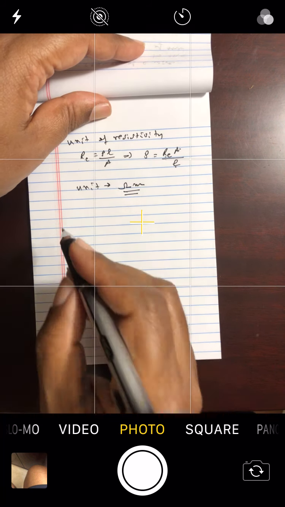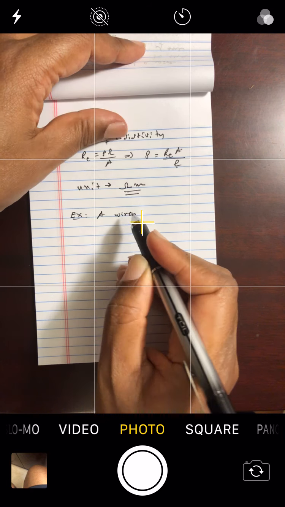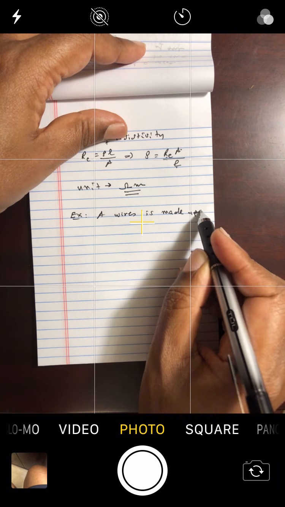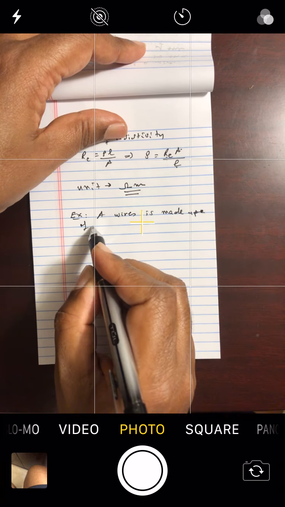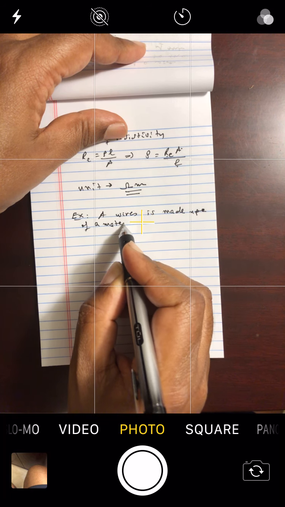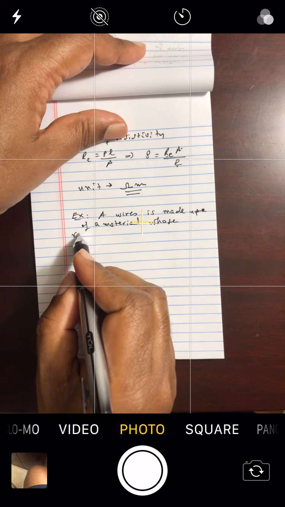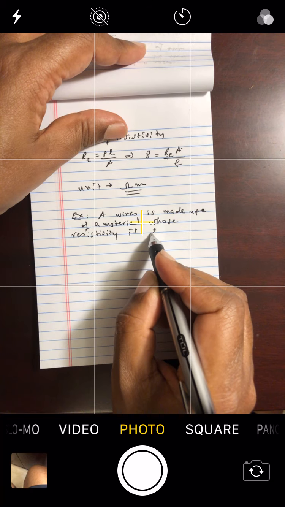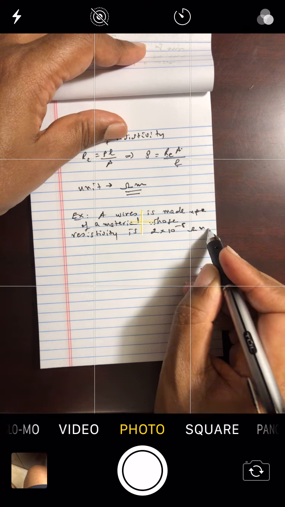Example. Let's say a wire is made up of a material whose resistivity is 2 times 10 to the power of -8 ohm meter.